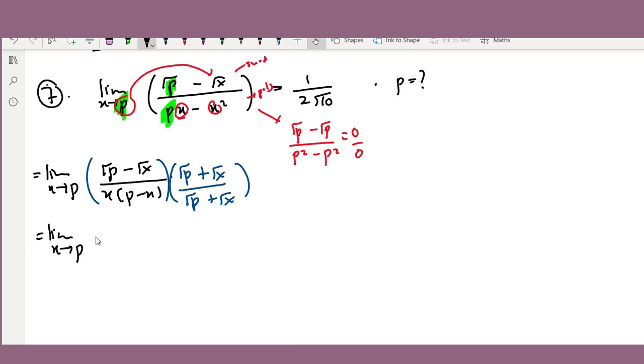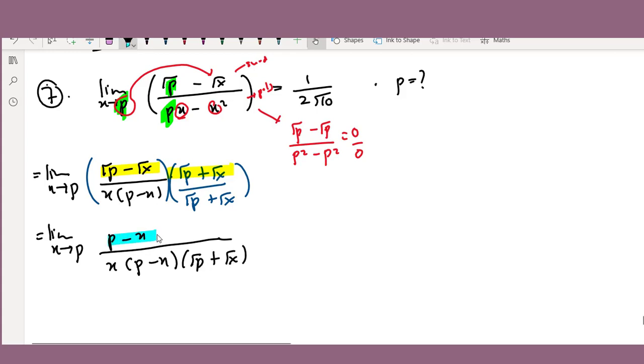Limit as x approaches p. Okay, expand, and then we get p minus x over x, p minus x, times cube root of p plus cube root of x.